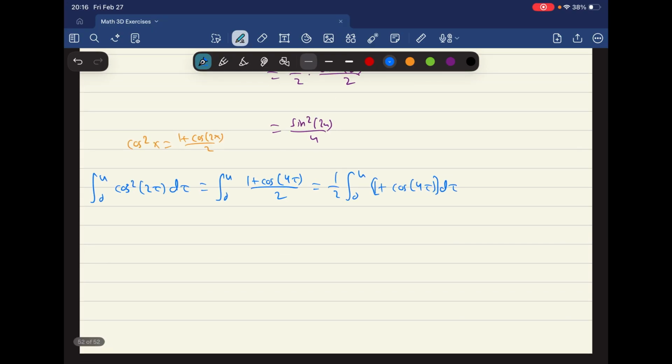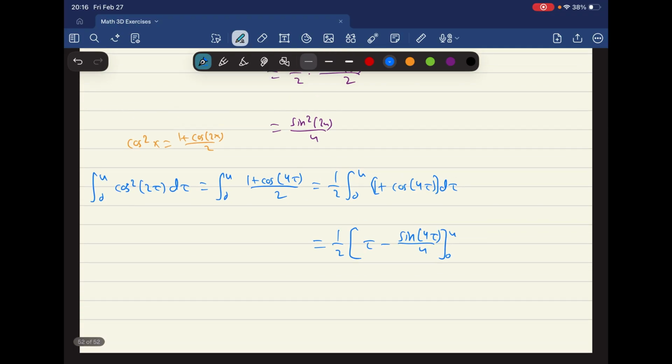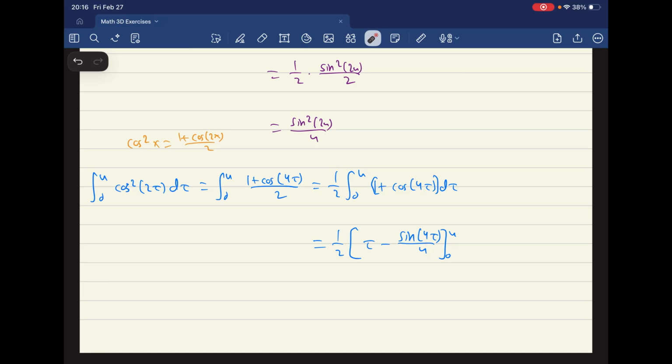And when we integrate, this is going to be 1/2 tau minus sine of 4 tau divided by 4 because of the factor of 4. This goes from 0 to u. And so when we plug in the lower bound 0 into both of these terms, it just gets 0.